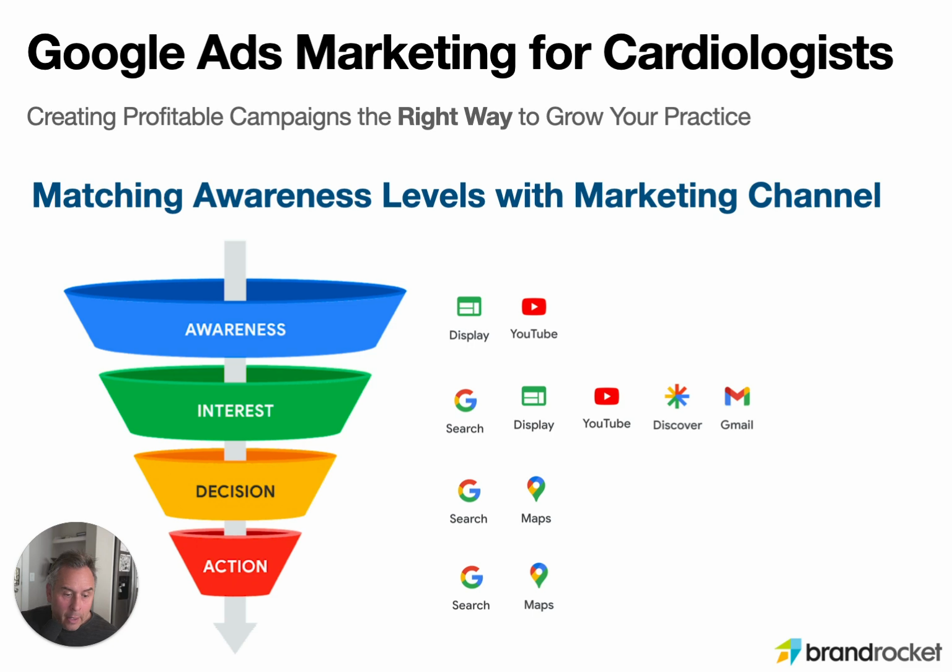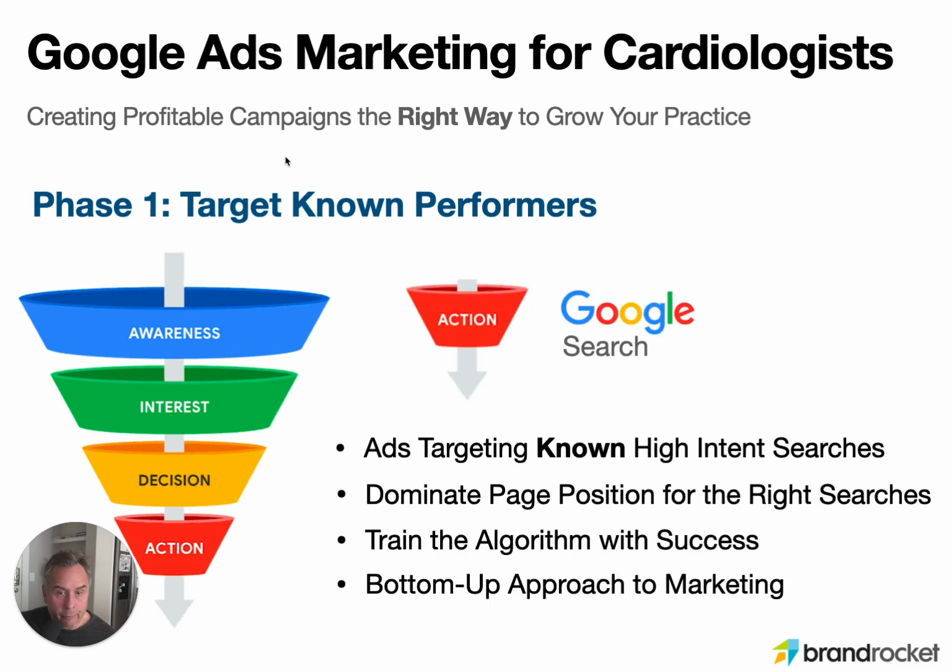Okay. Now we're going to get into all of this stuff in future videos, but there's a way that we actually slice and dice all those different awareness stages, and we start at the bottom of the funnel. And what's really, really powerful about Google Ads is when you start at the bottom of the funnel and you are attracting those high commercial intent searches, you can start seeding your campaigns with signals, those success signals that we talked about in the video about conversion tracking, conversion measurement.